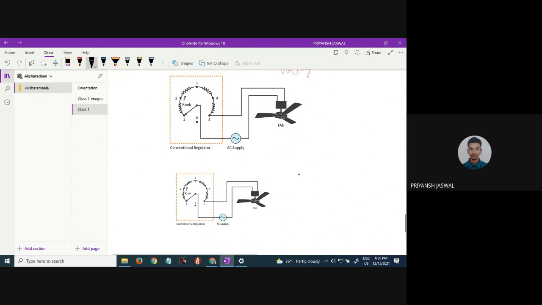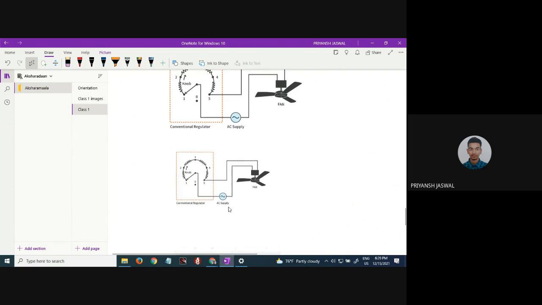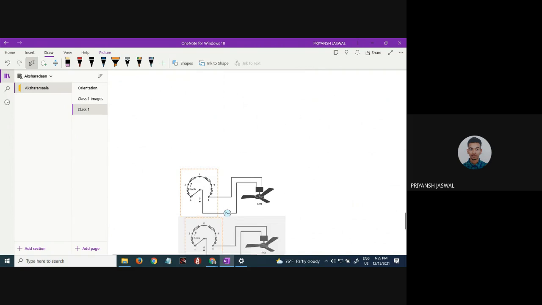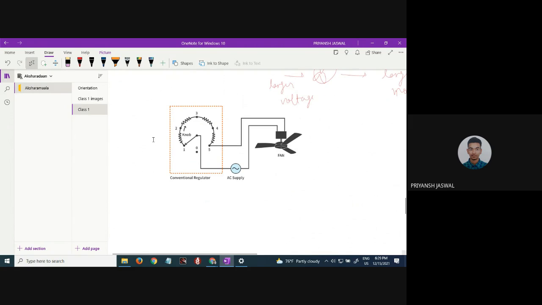Let's look at what happens when the knob is at 3. Okay. When the knob goes to 3, the current will again flow from here, and it will go to this side again.